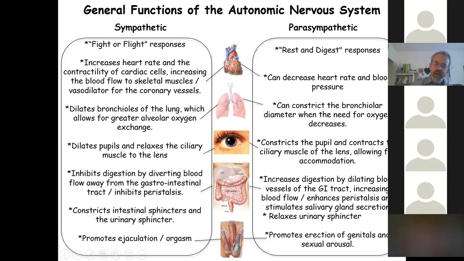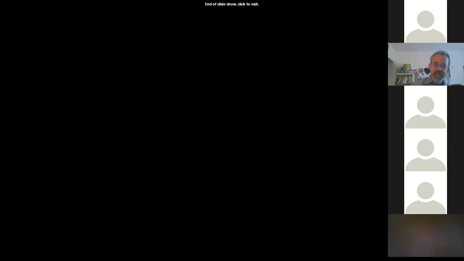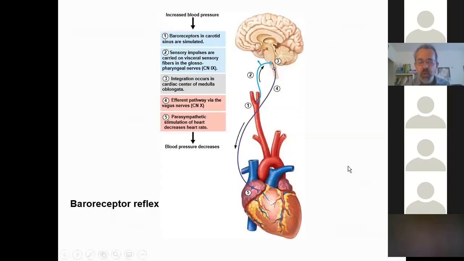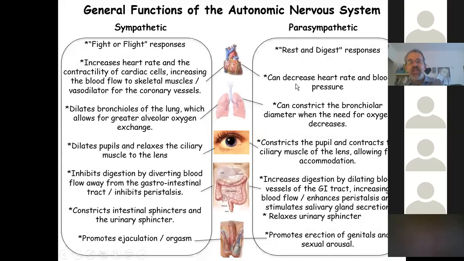All right. I'm not going to cover that, but the last slide I do want to cover is this one, just to show you kind of an example of how the sympathetic and parasympathetic work. Remember, in terms of blood pressure, I mentioned that parasympathetic slows down heart rate and reduces the activity of the heart.